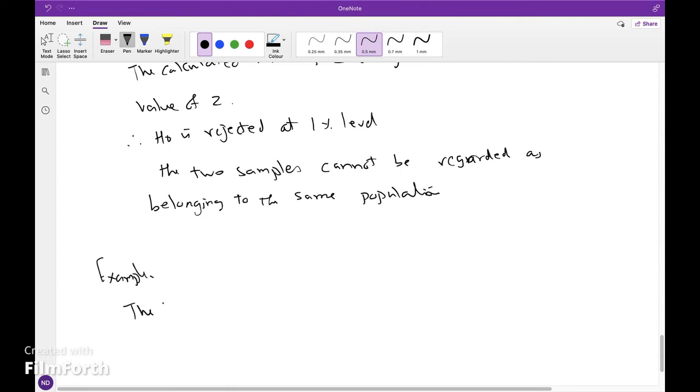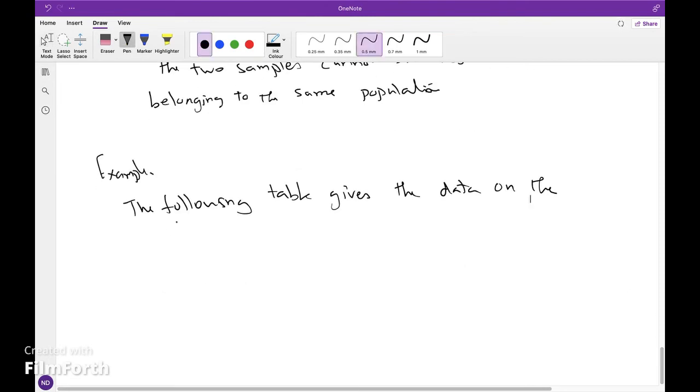The following table gives the data on the hardness of wood stored outside and inside the room.